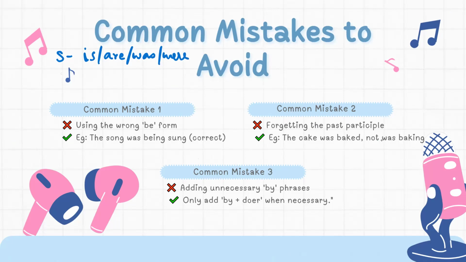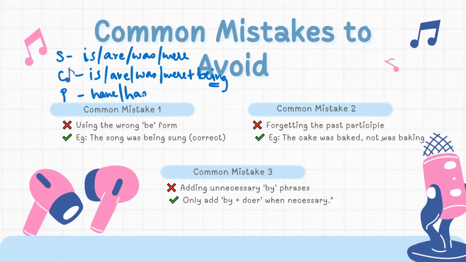If it is continuous tense, you're going to use is, are, was, or were plus being, since it has to focus on the continuous. Next, for perfect tense, have or has been. Very simple, right? If it is past perfect, you're going to use had been. I hope it's very clear now.